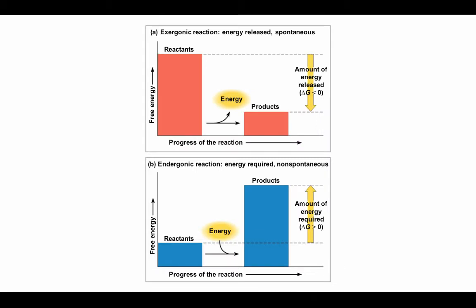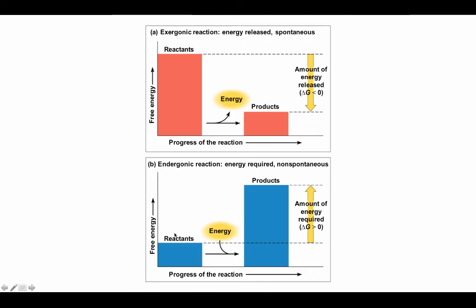So looking at this in a more visual form, if we think about the free energy in the reactants, if the free energy in the reactants is high and the free energy in the products is low, then you're going to have an energy releasing reaction, and the amount of energy that's released is going to be equal to the difference in total free energy between the reactants and the products.